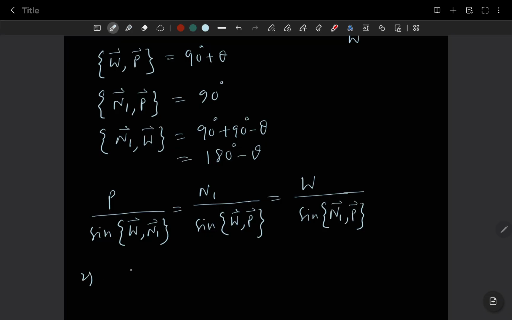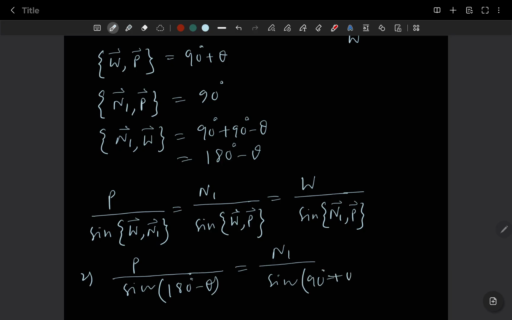So it will be P by sine 180 minus theta, N1 by sine 90 plus theta, and W by sine 90.